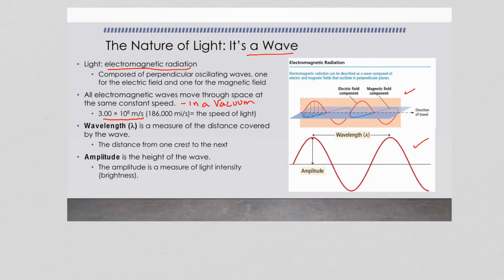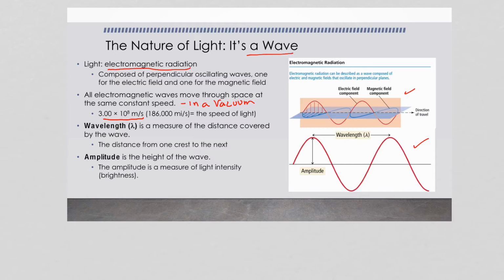And so when it's moving through Earth's atmosphere, it's traveling at a slower velocity, but the velocity is not different enough to make a big difference in any calculations that we would do. So we just think about electromagnetic waves as moving at the speed of light.